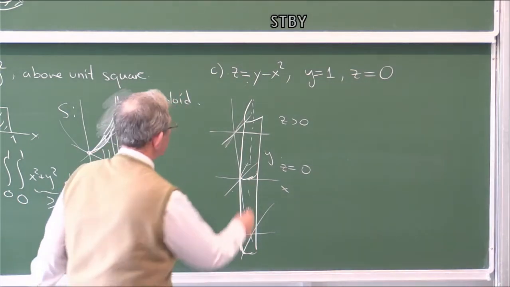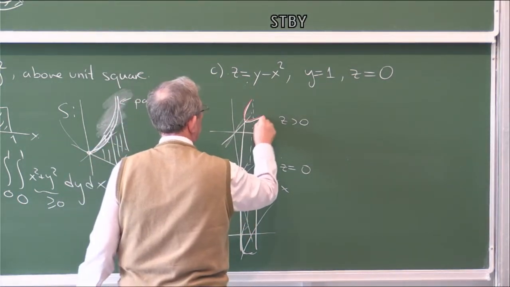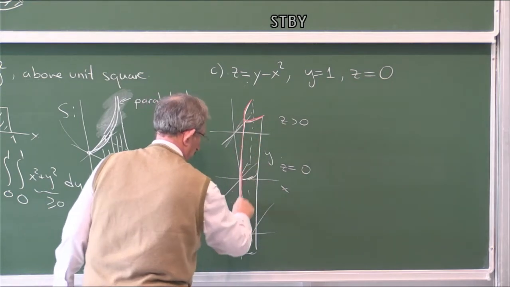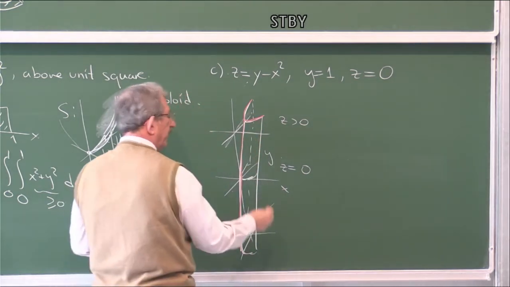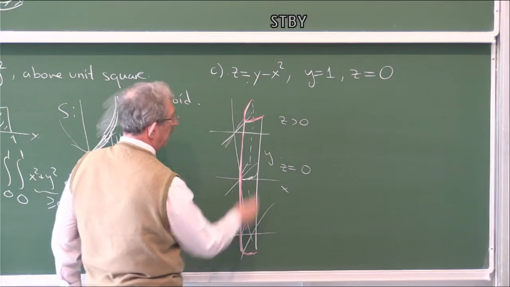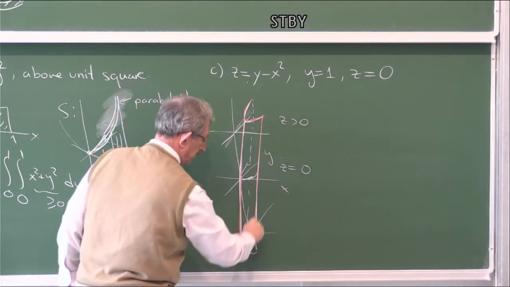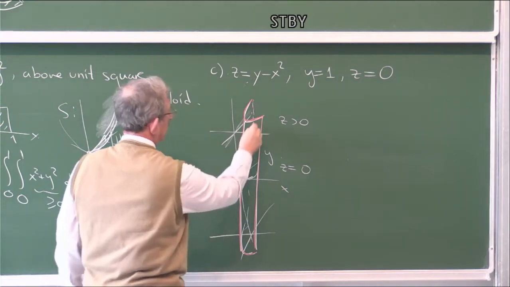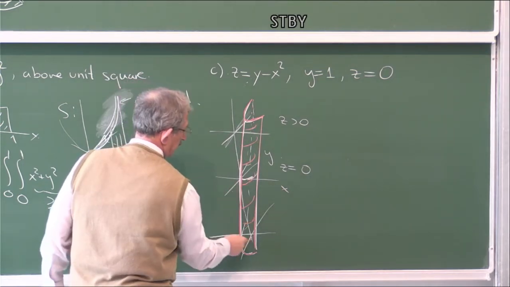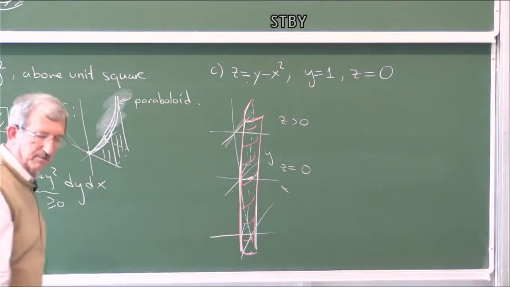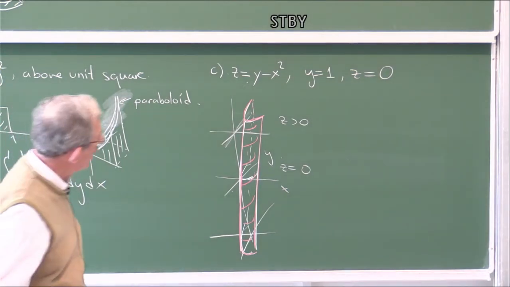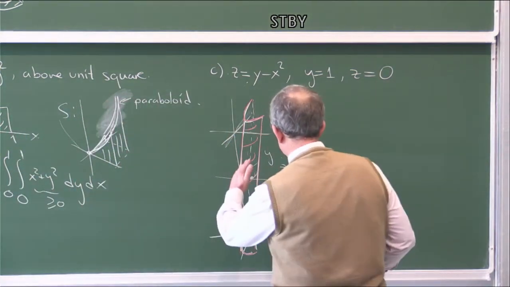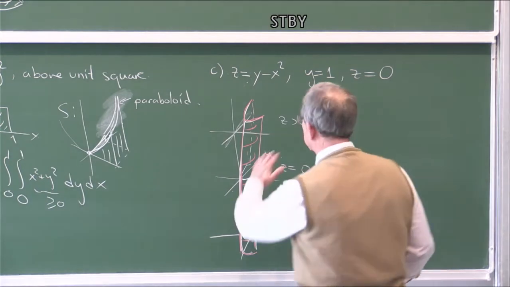So let me use some color here. This would be a straight line. We figured that out last time, so I'm not repeating. And it is such a shape. Now what do we do with this tilted shape?